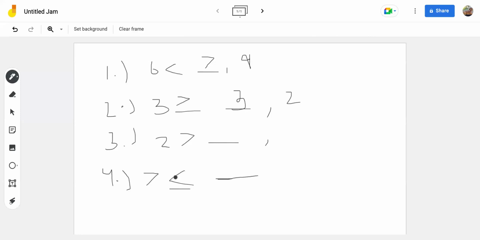So I'm saying this would have to be less than 2. 2 is the bigger number, so you have to put a smaller number here. What number is smaller than 2? 1. Very good. So it'd be 1.